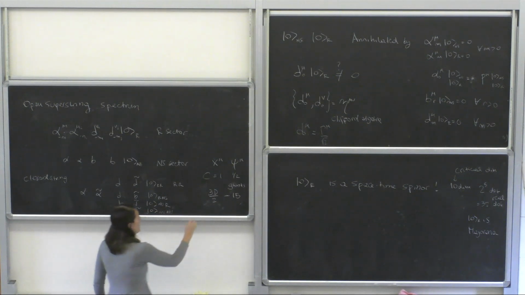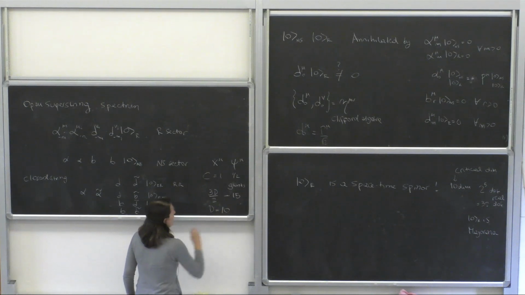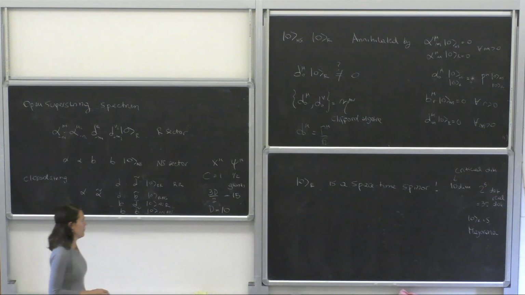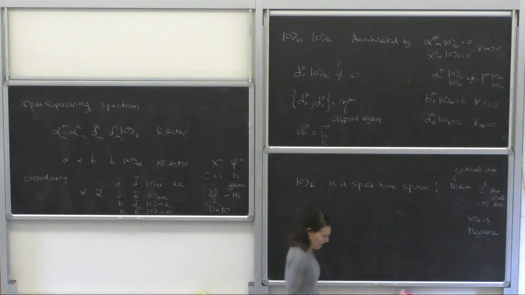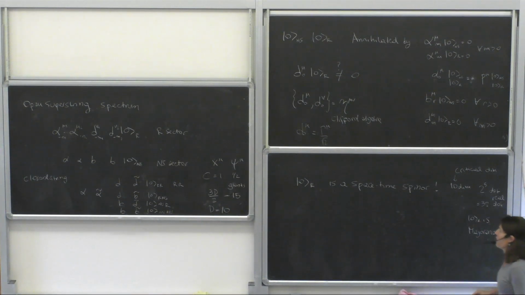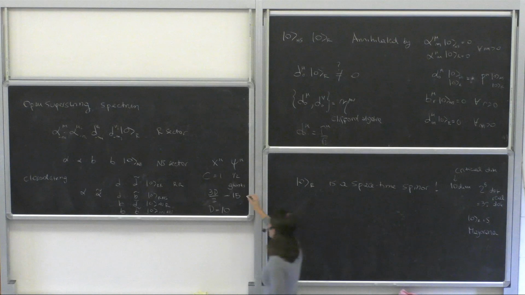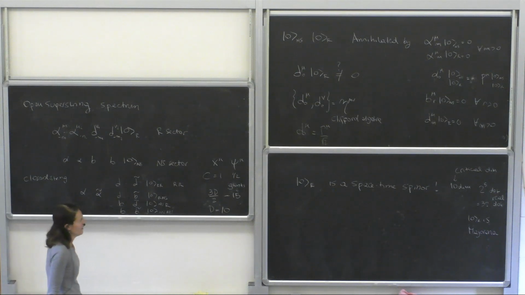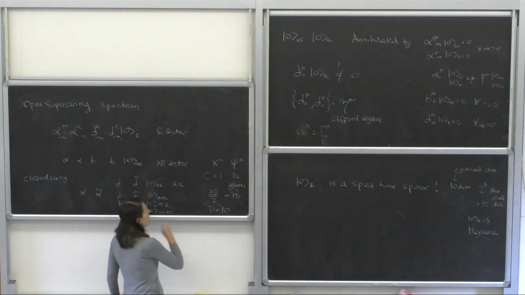So this is what gives D equals 10, if you do the proper thing. And this will also give the nice spectrum, such that we'll have massless vectors and spinors. This part I didn't explain for the bosonic string, and I'm not going to explain now, because you want the total central charge to be 0.